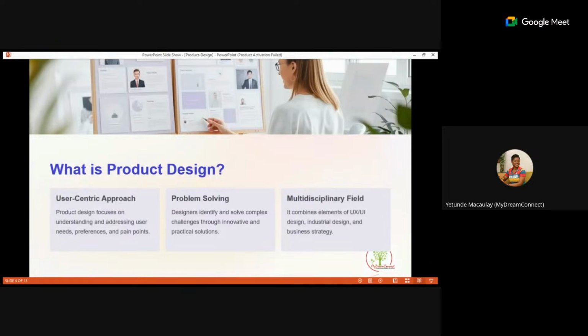So what is product design? Number one, product design is all about using a user-centric approach to create a product that will be acceptable in the society or in a community. Now, product design focuses on understanding and addressing user needs and their preferences and pain points.